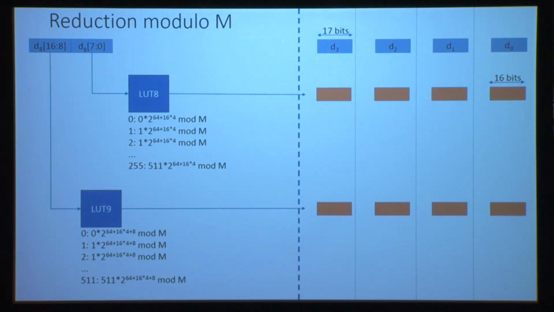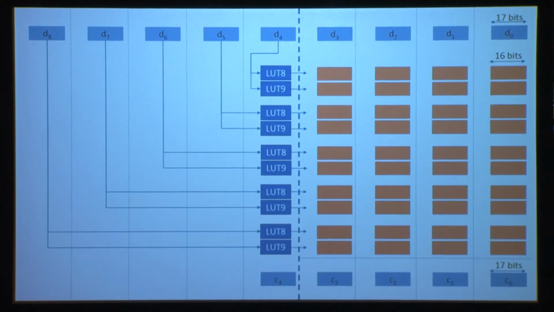There are a lot of different implementations, but this is just one of the ideas that's possible, to show you the idea. So for this example, this is the final picture for reduction. Well, close to final.